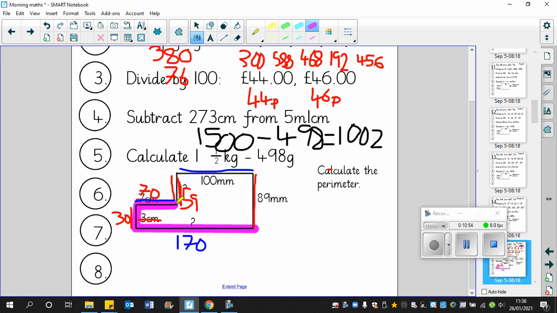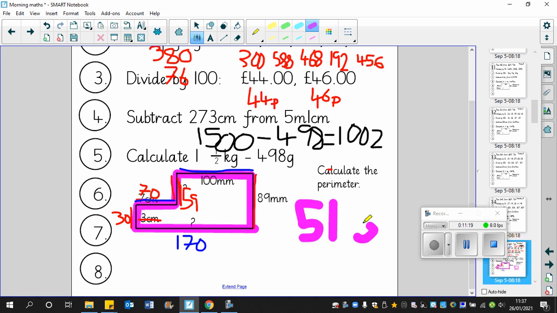So 270 plus 59 is 329, then 429, 509, 518.